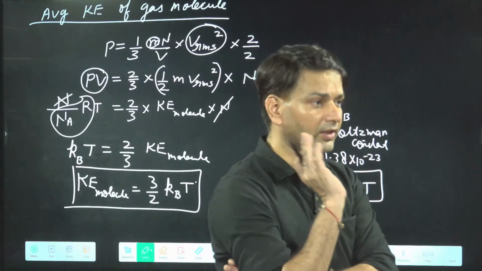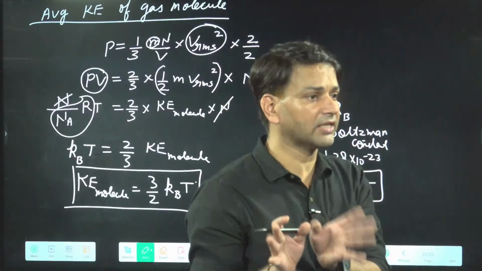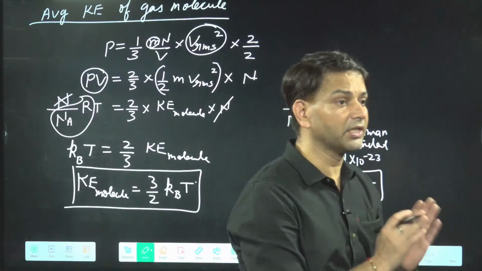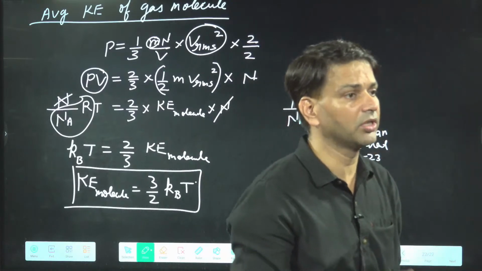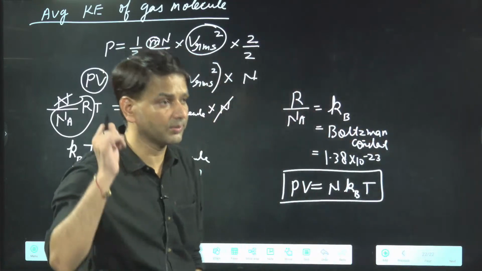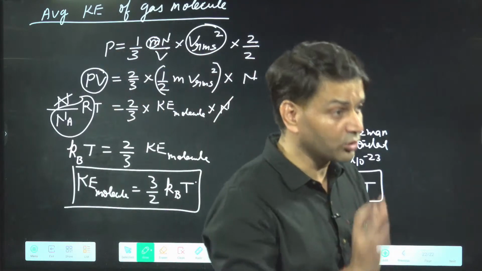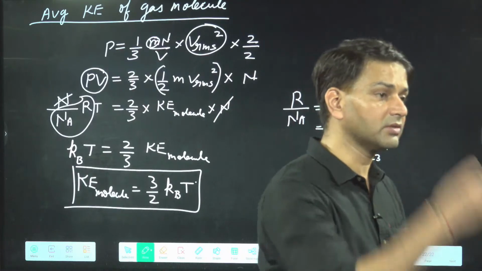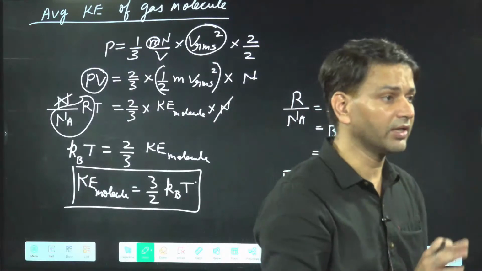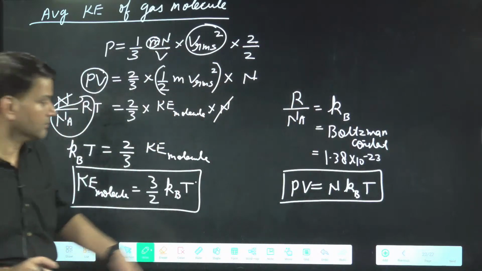The internal energy of the gas will change for monatomic or diatomic, but for the molecule, the average kinetic energy is always 3/2 Kb into T, where K is the Boltzmann constant. Understood?